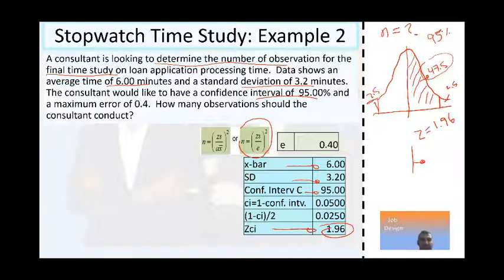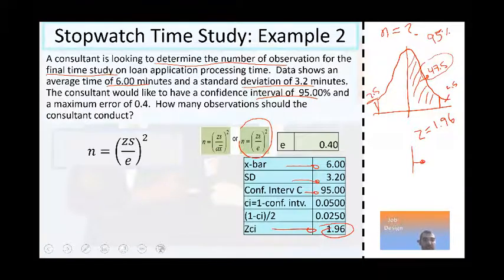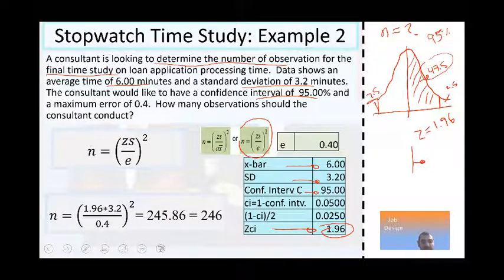So we know z, and we know all the items we need to figure out n. Now we just plug in the numbers: 1.96 times 3.2 divided by e, which is 0.4. There's a lot of extra information in this question that is not needed. We don't need x bar.